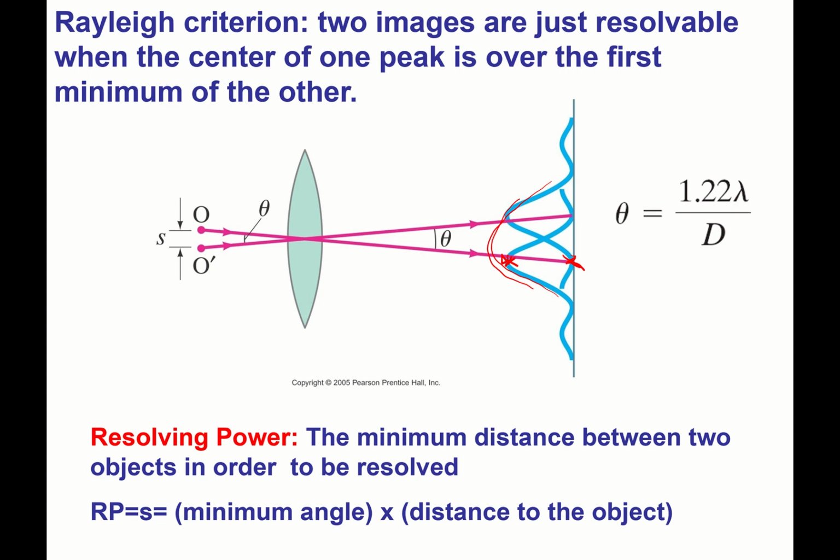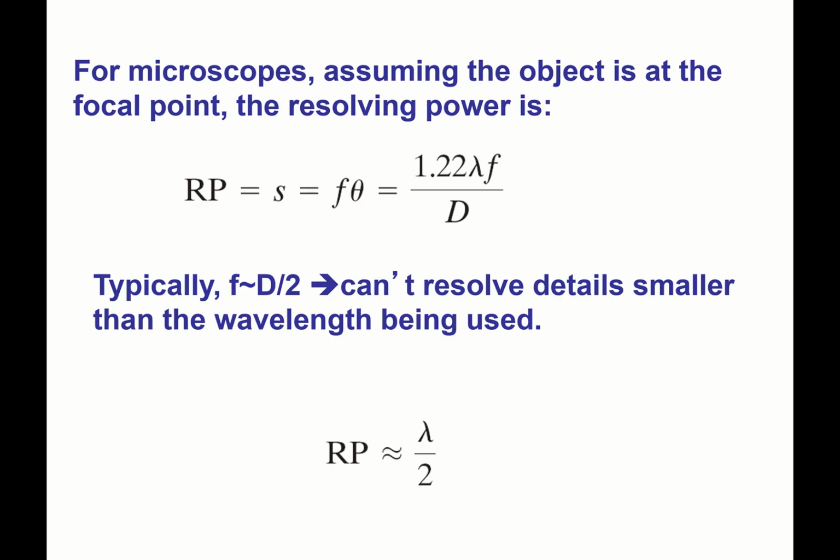That's the minimum angular separation for them to be resolvable. We talk about the resolving power, which is the distance s between the two, and that distance s is just equal to r times theta, if you remember the arc length calculation. So theta times r, where theta is 1.22 lambda over d, and r is how far away the objects are.